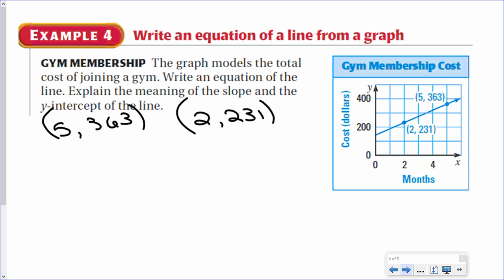Okay. The order in which you write the coordinates doesn't make a difference. Everything is the same as problem number 1. You'll find your slope, you'll find your b, and then you write the equation. Okay, but I think I'm going to need extra space for that, so I'll get rid of that.